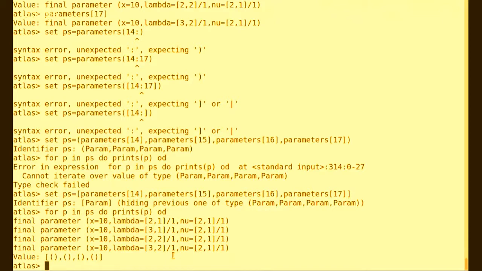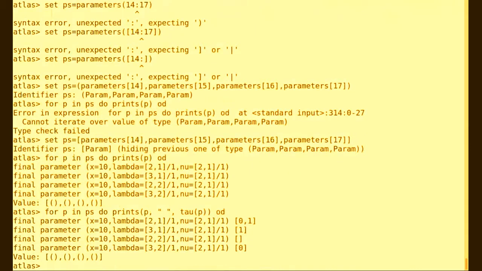So one of the main things that you can do is look at the tau invariant. Let's give this command. Here I'm running over these 4 principal series, and for each one I'm asking what is the tau invariant.